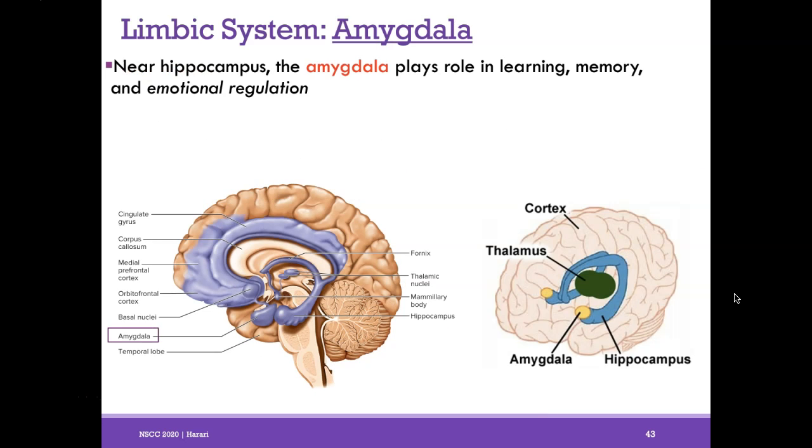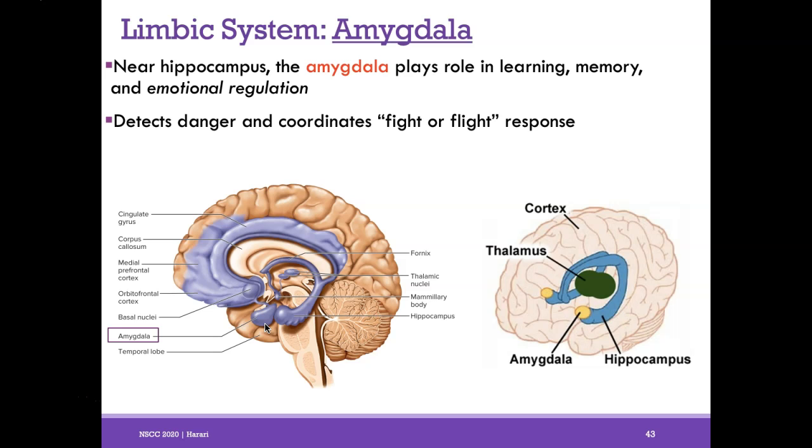Next, we have the amygdala. The amygdala is like an almond-shaped structure by the hippocampus. And the amygdala plays a role in learning, memory, and emotional regulation.